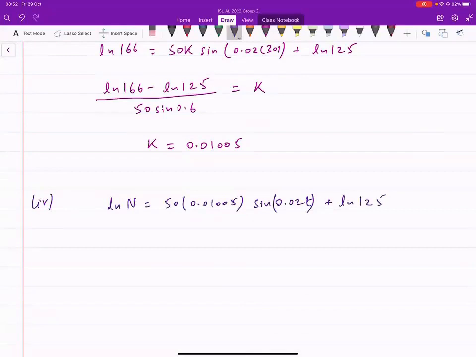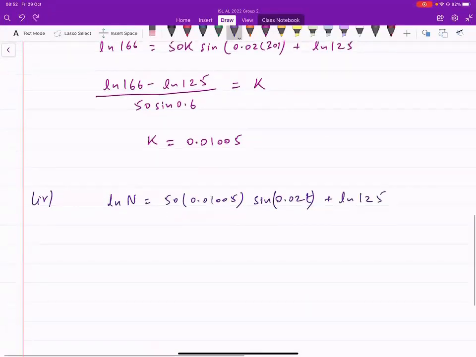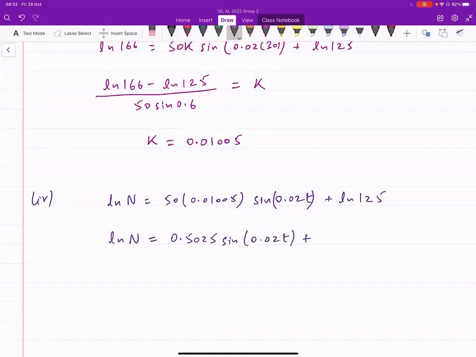This is our equation now. Simplify it. 50 into 0.01005, what do we get from that? 0.5025 into sine of 0.02t plus ln of 125.